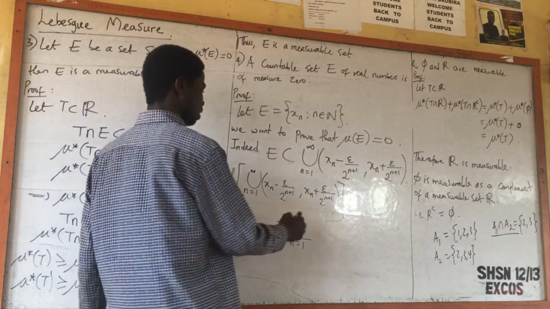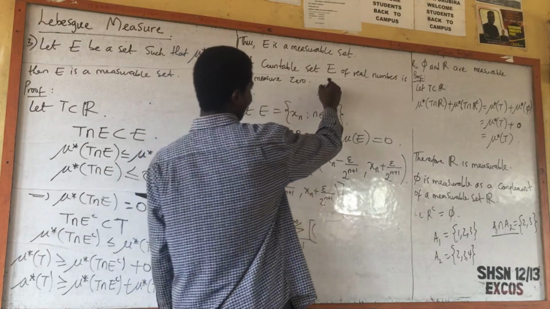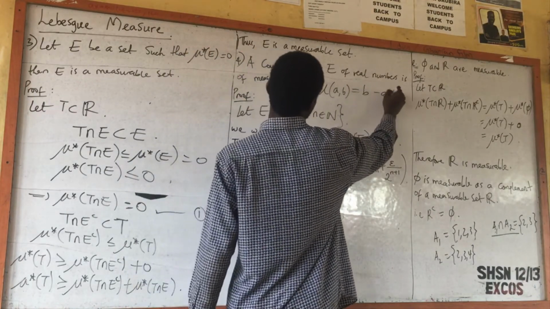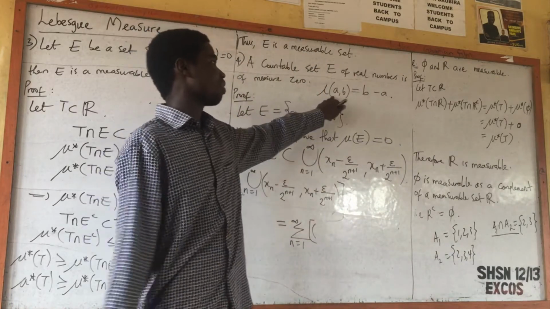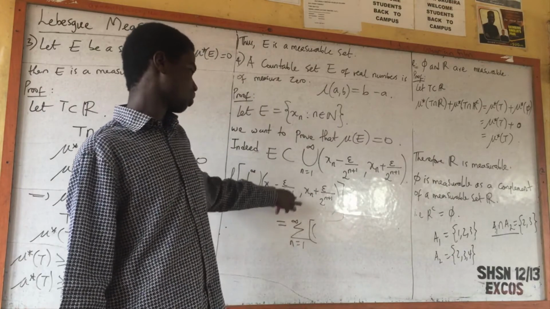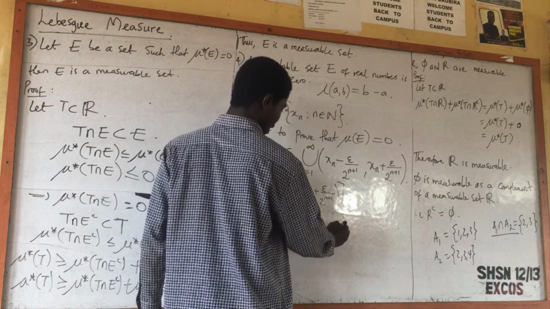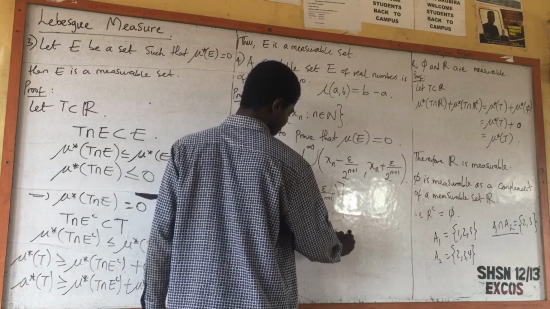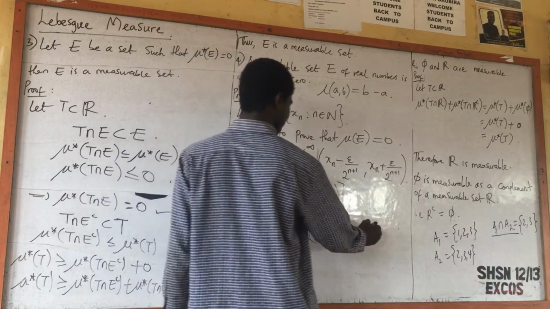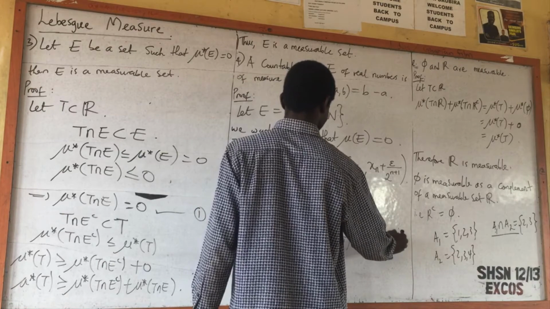Since this is an interval, the length of the interval (a, b) is just b minus a. So the length will be xn plus epsilon over 2^(n+1) minus (xn minus epsilon over 2^(n+1)).